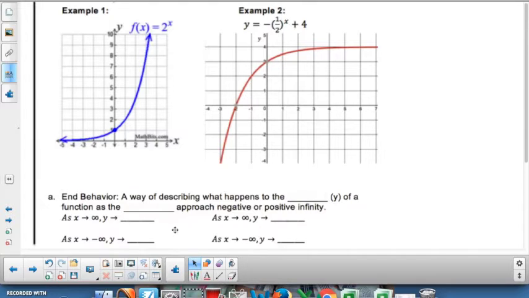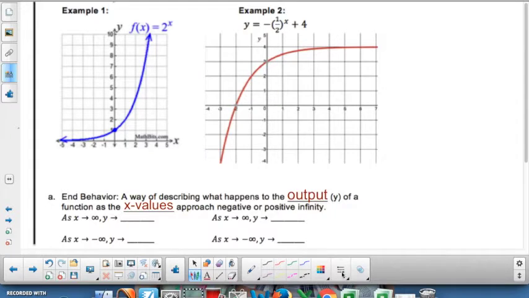End behavior, just like previously, is a way of describing what happens to the output of a function as the input approaches, or the x values approach, negative or positive infinity. The way you will see that written, there are actually a couple different ways.